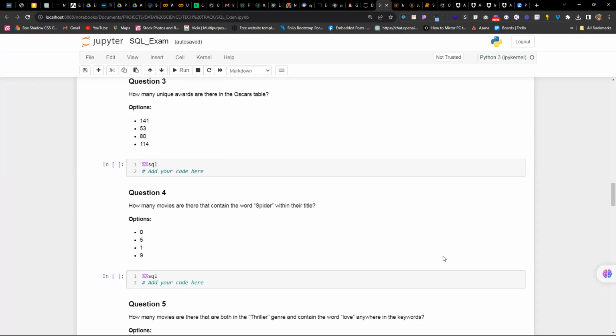I don't think we can decode this word and write the query. How are we supposed to look for this? Who wants to try? How do we write the query to find? Okay, Chibuzo, go on. I think here we'll be using the count keyword and the wildcard as well to get titles with the word spider in them.